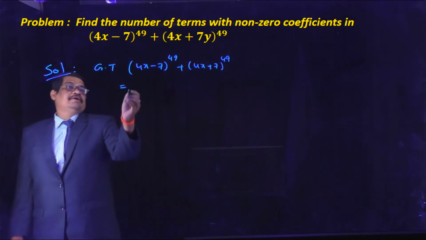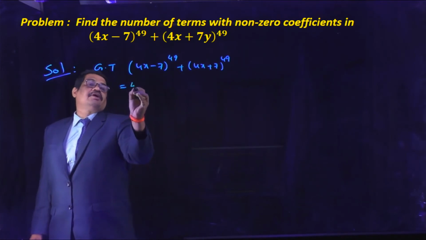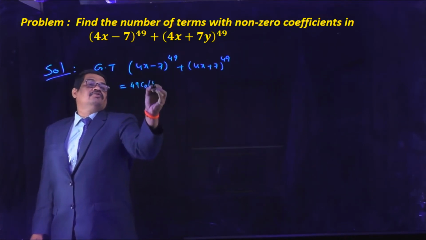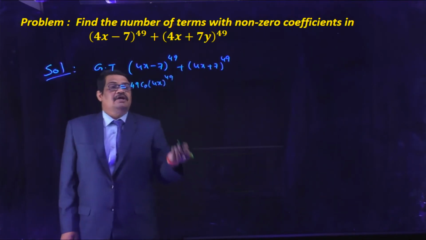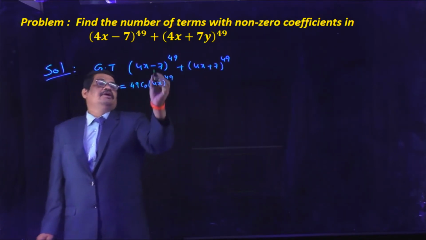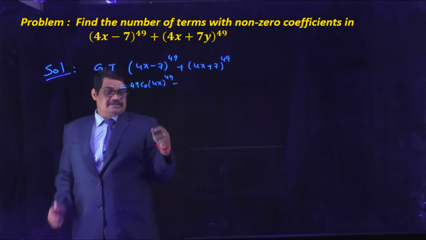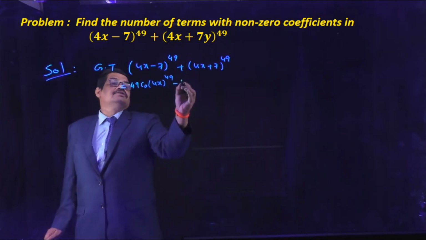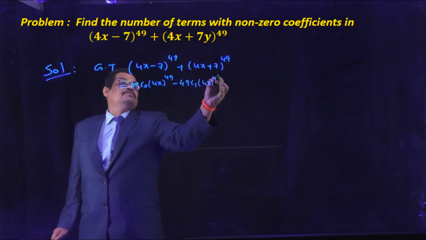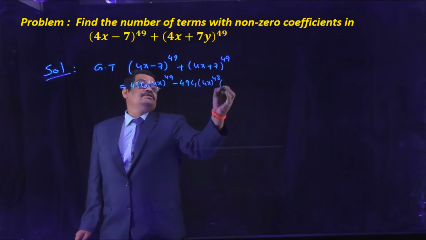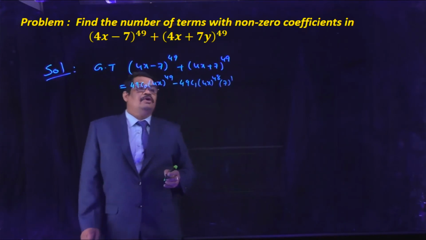So I am writing here, n is 49: 49C0 (4x) whole power 49 into the second term power 0. Then we are getting plus and minus alternately: minus 49C1 into (4x) whole power 48 into the second term 7y to the power of 1.